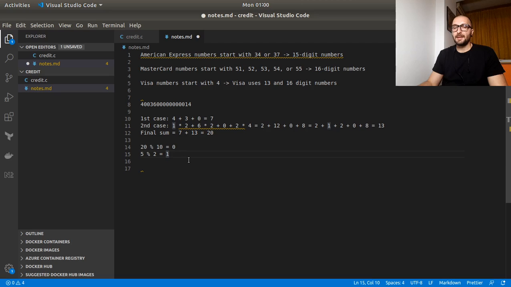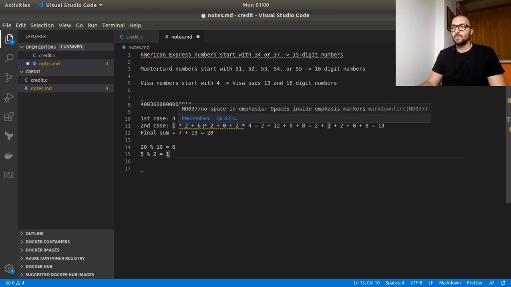It's the remainder of the division. If we divide 5 by 2, 2 goes into 5 twice, so 2 times 2 is 4, and 5 minus 4, the remainder is 1. So the quotient is 2 and the remainder is 1. So if our number ends with 0, modulo 10 would always be 0. That's our main check here.